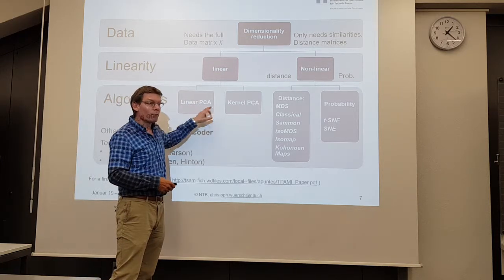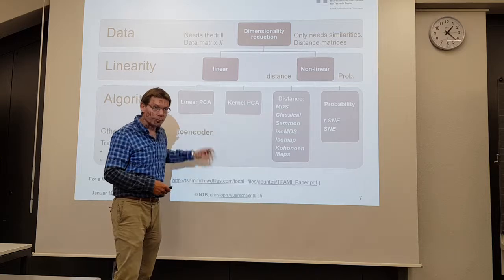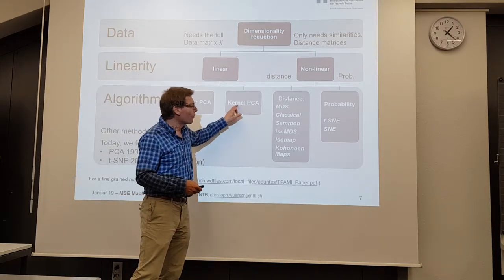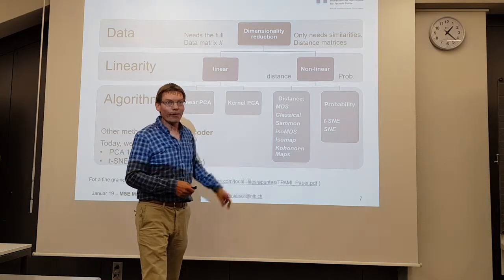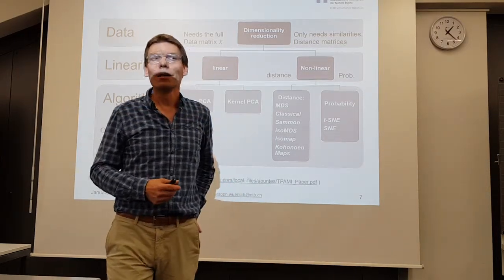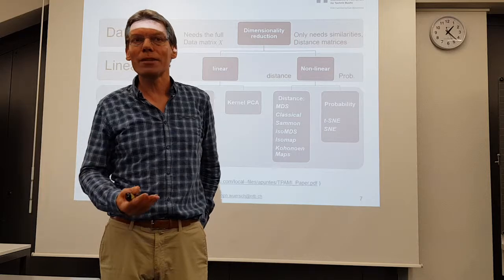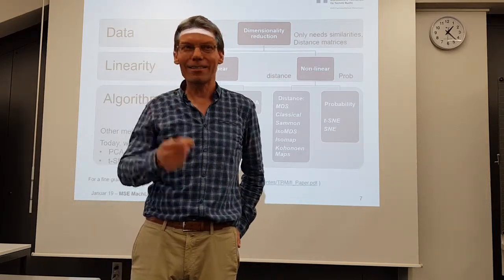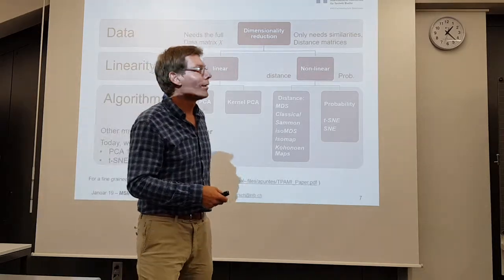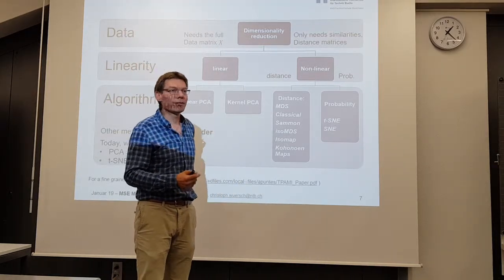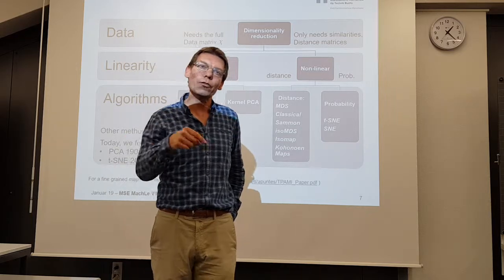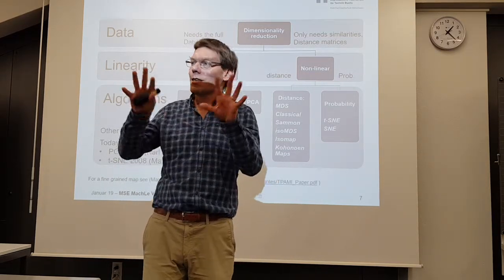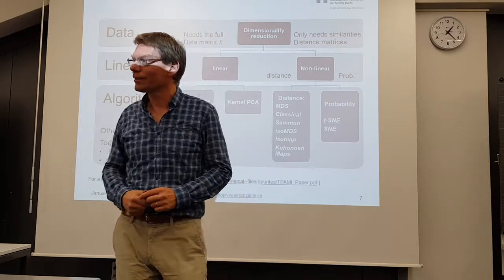The linear methods are mainly based on principal component analysis, and here again I come back to the topic of kernel. The kernel trick is a nice way to make a non-linear method out of a linear method. It seems contradictory that we want to make a dimensionality reduction by introducing a kernel which actually blows up the dimensions again.